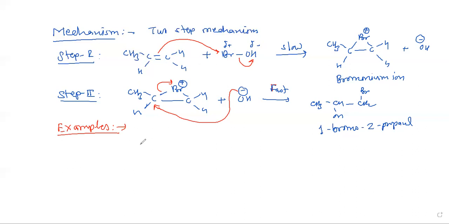For example, take isobutylene. If we add Cl2 to H2O, generally it is written as an arrow with Cl2, H2O or Br2, H2O.